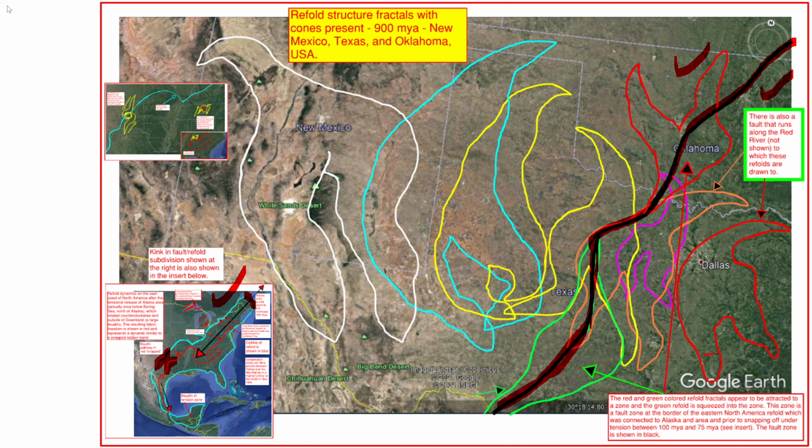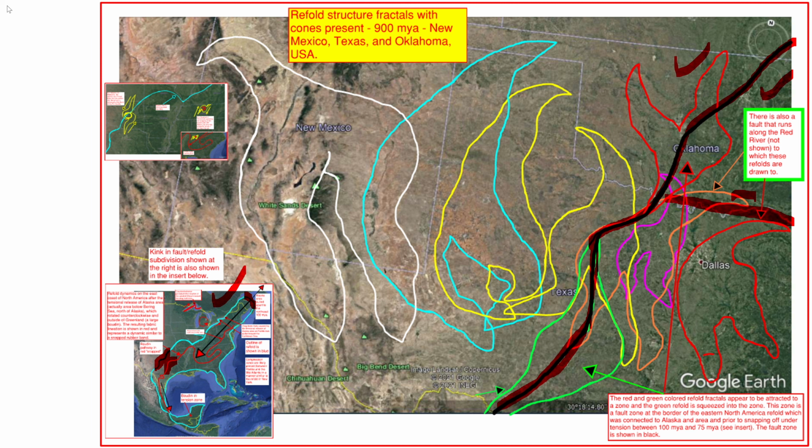The zone is a fault zone at the border of the eastern North America refold, which was connected to Alaska and area, and prior to snapping off under tension between 100 million years ago and 75 million years ago. So they were connected as it described in the insert. Fault zone is shown in black. Okay, should also note that here's the Red River. There's actually a fault here, as you'll see later. So these guys are going parallel to it. They're attracted to that fault zone.